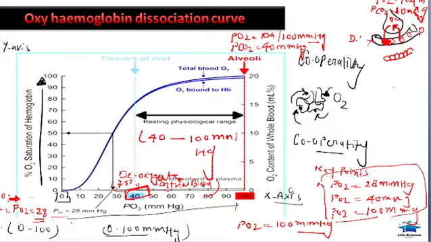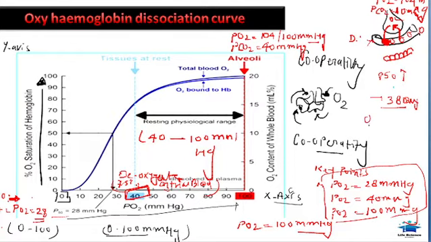Okay, so P50, I have told you about P50. In normal condition P50 is 28 mmHg, and when the oxygen affinity decreases, the P50 value increases to 30 mmHg.